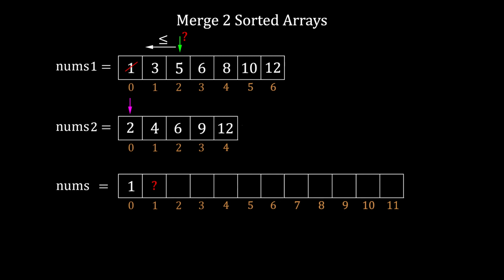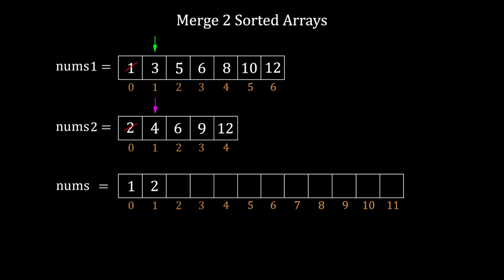So if this element is part of nums1, it surely should be the first available element to use, which is not nums1 of 0 anymore, because we have already used that element, but is nums1 of 1. Following the same line of reasoning, if this element is part of nums2, it could only be the smallest available one, which is nums2 of 0. So we have again two possible candidates, and we should choose the smallest one, which is 2. Nums of 1 is 2, and now we have also used the first element in nums2.